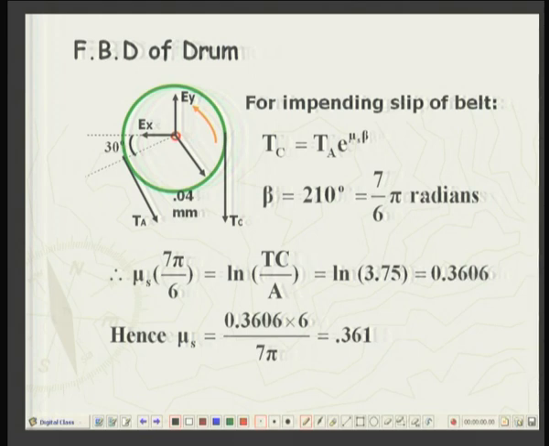So, take logs on both sides. So, it means log of the exponential will be mu s times 7 pi over 6. This is equal to log of TC over TA. Okay.